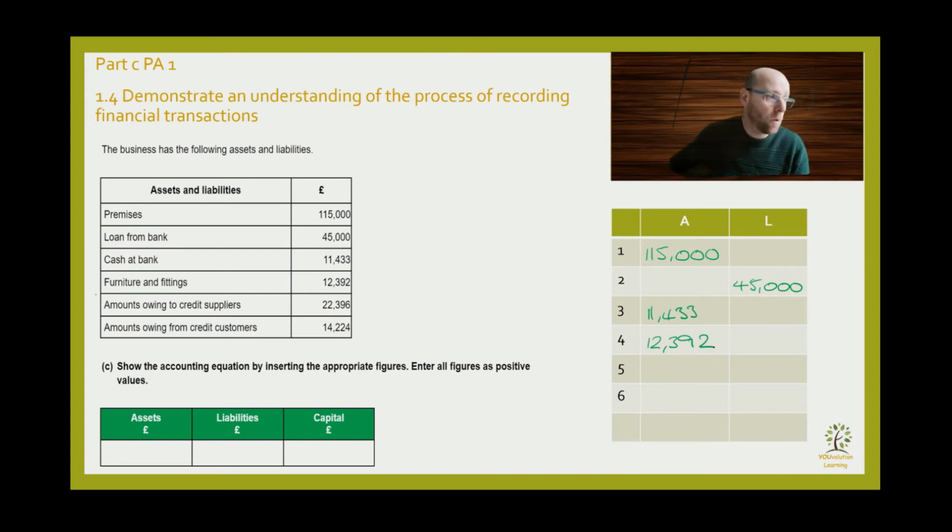Now the next one we have is amounts owing to credit suppliers. Now there's a couple of clues in this one. It says here that it's amounts owing to credit suppliers. So owing to says it's something that the business owes out. Anything that we owe out is a liability. But it also says to credit suppliers as well.